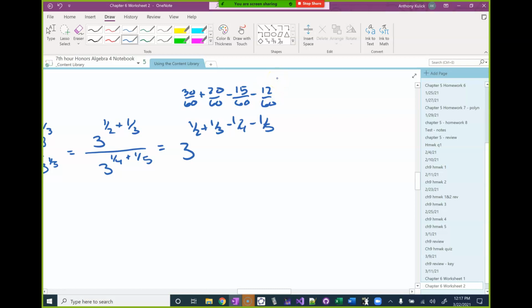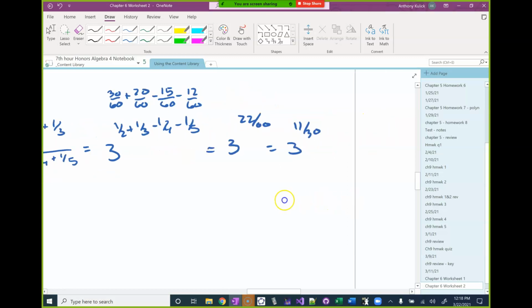So let's see, that's going to be 35 minus 27, so 23 over 60. And that can reduce down to 11 over 30. And so I would call this the 30th root of 3 to the 11th.